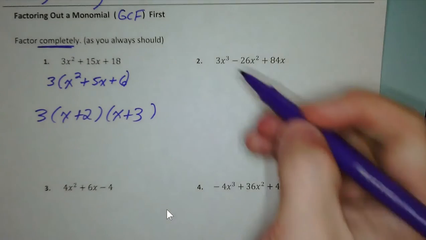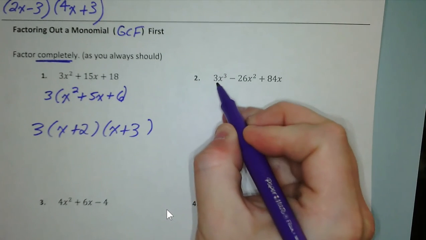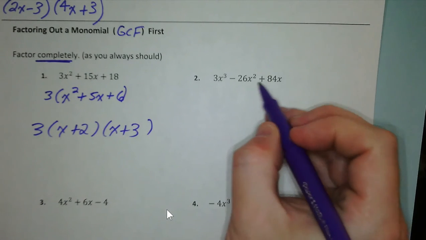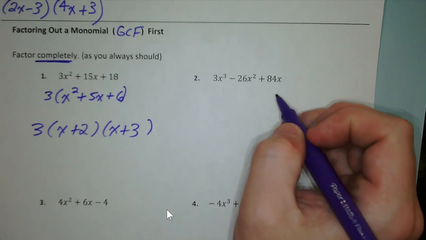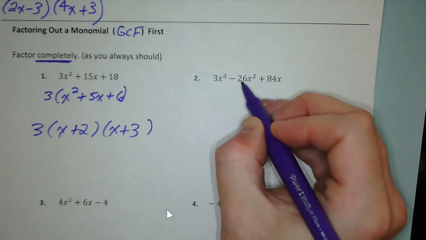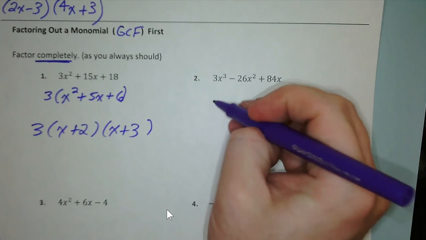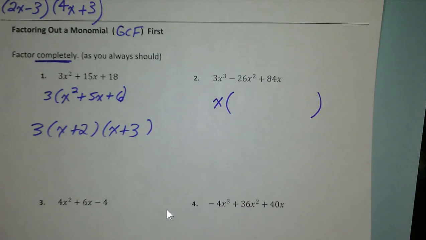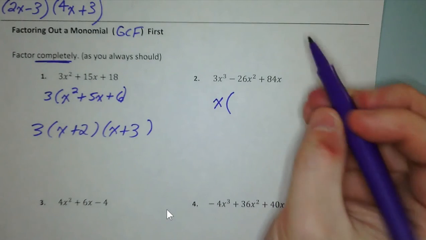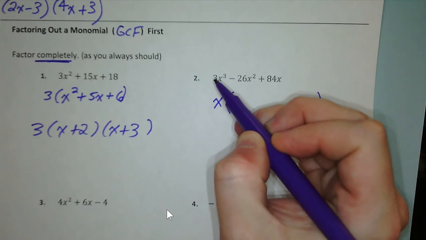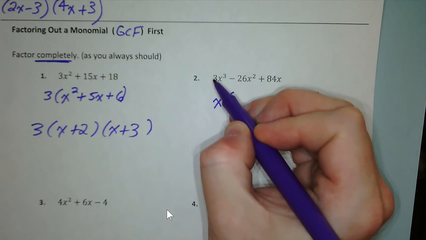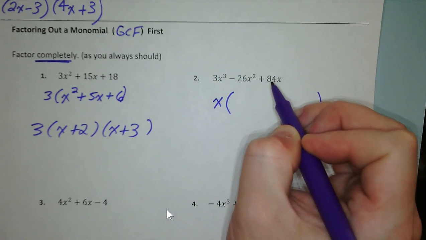All right? Number 2. What do all 3 of these terms have in common? Oh, good Lord. Oh my gosh. See, I feel like grabbing a calculator now. If anything, obviously there's going to be an x. I know there's going to be an x, because they all have x. I think that's what Jonathan was talking about with the exponent thing. But oh, good. Okay, yeah, no. See, I was thinking, oh my gosh, 3. Can we divide 3 away from 84? I was about to grab my calculator to find that out.